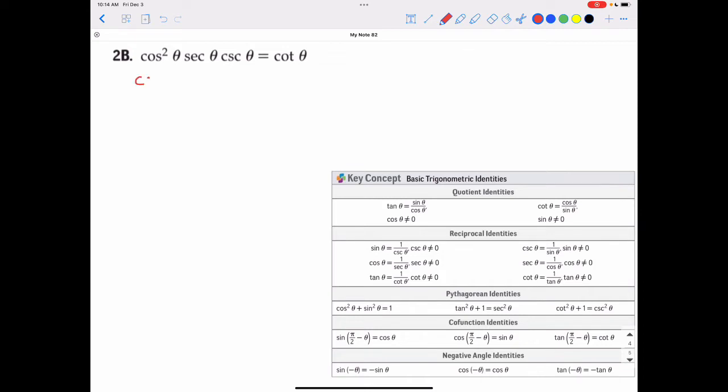So if I were to rewrite the secant as 1 over cosine theta, cosine theta will cancel out with one of the cosines on cosine squared theta, so that will just leave us with cosine theta times cosecant theta.